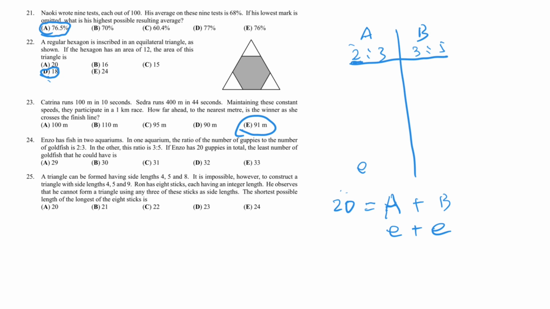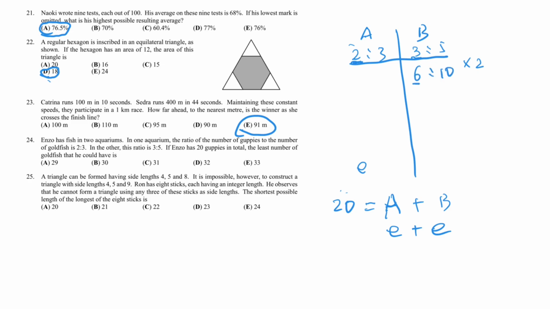Now we check the B, because for the A, the even number, that's too many. So in the B, because the guppies must be a whole number, first we times 2 both ratio numbers. That means 6 to 10.